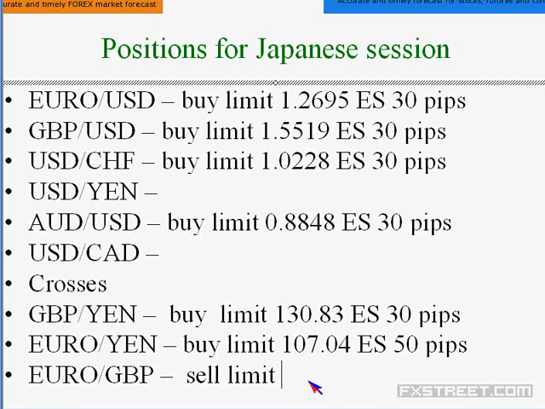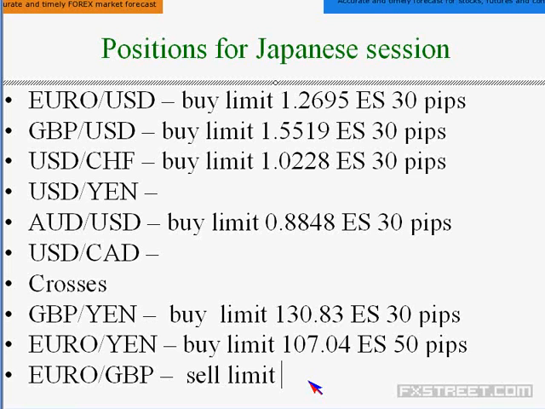So this is how the trading decisions are to be taken. This is more based on market reading. For the sell limit in the case of Euro GBP, the next psychological level is 0.82, and 0.8198 is the high. So probably they can hit the 0.82 level, and that can be about a 20 to 30 pips upward stop.